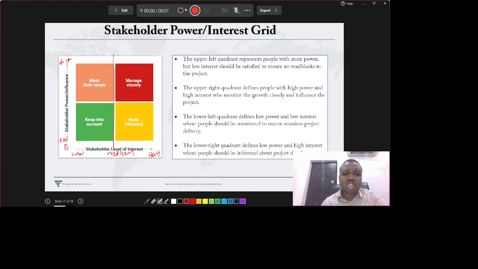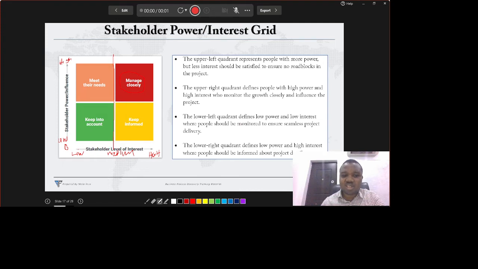So you have stakeholders whose level of influence is very, very high, and their interest level in that particular project is very, very low. So you just have to meet their need. You need to ensure that they are satisfied. And like I said, you need to be aware that this power and influence level fluctuates and the level of interest also fluctuates.